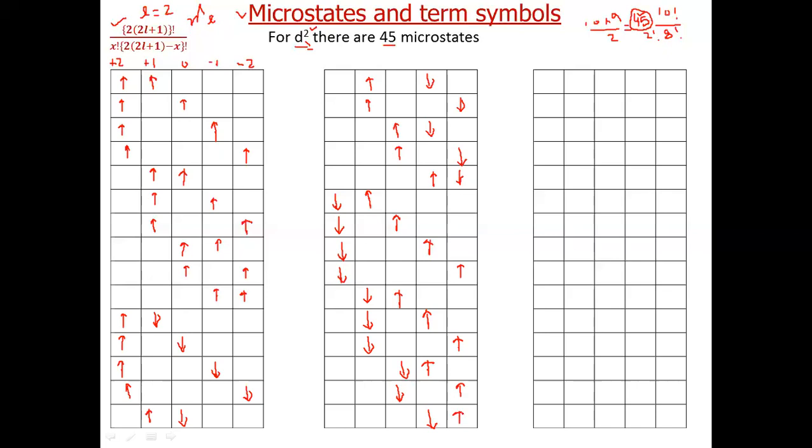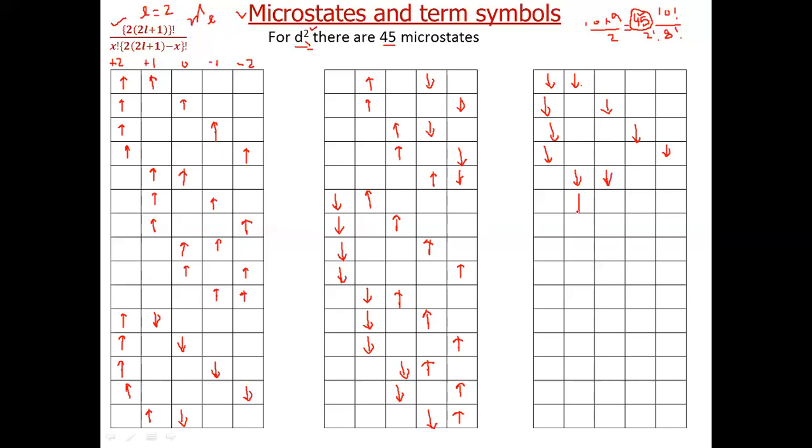Now for the next case, you can be sure what it will be: when both the electrons have downward spin. This. Now this here, now keep moving this electron to the right. This electron here, this electron here, this electron here. Now move this electron here and draw the arrangements.